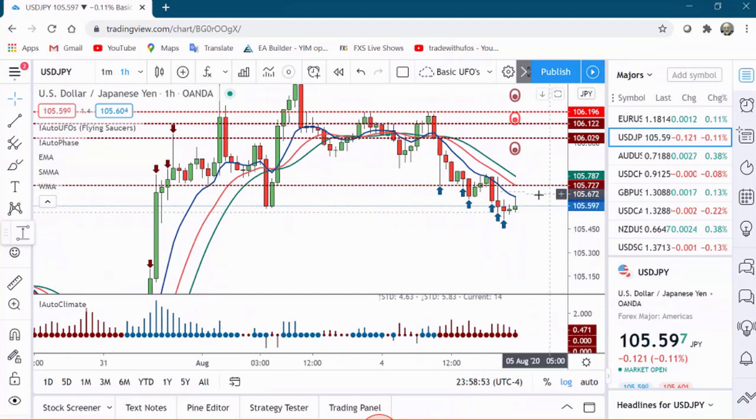All right, on the hourly, we're down below this sell zone. A lot of selling sitting right on top of us here. Overextended, definitely overextended. 104. Where is 104?